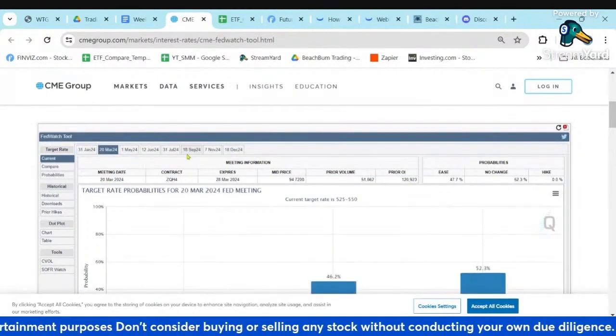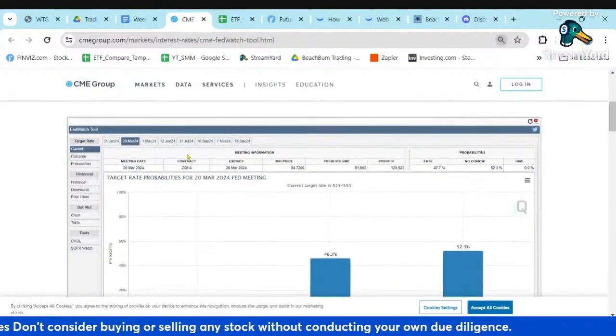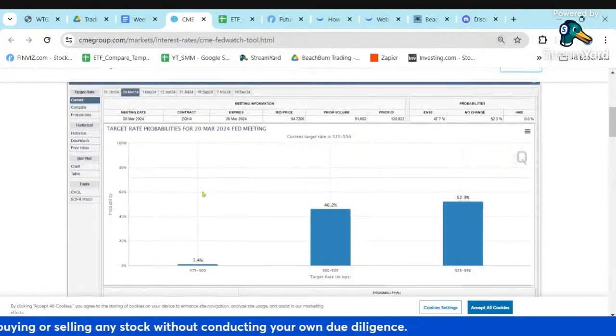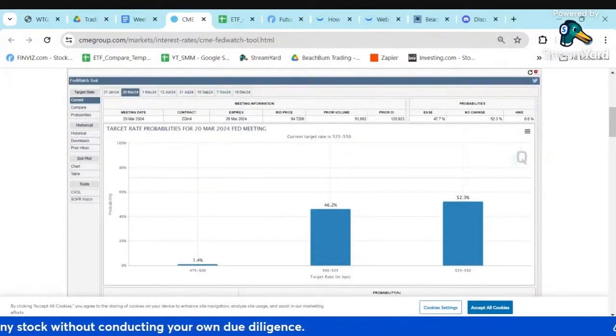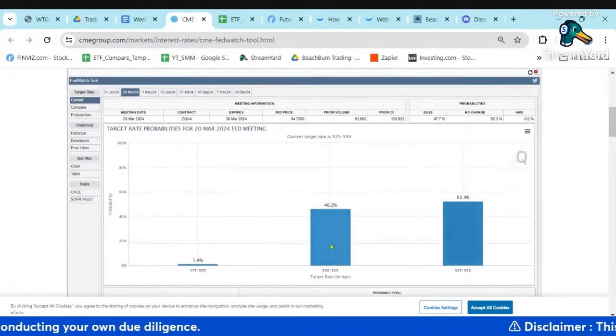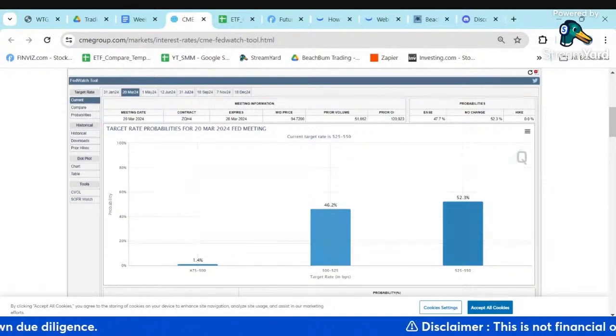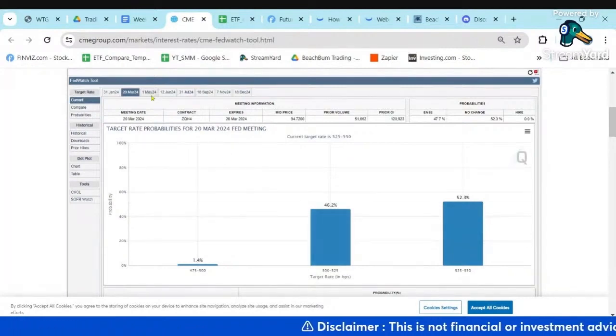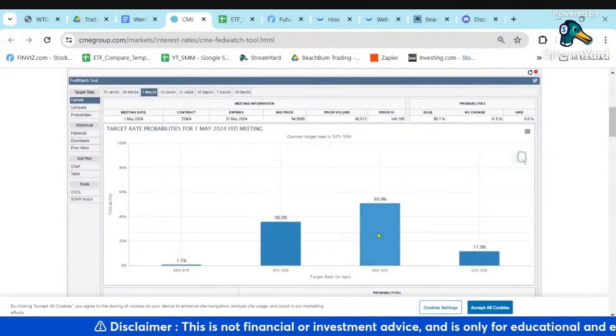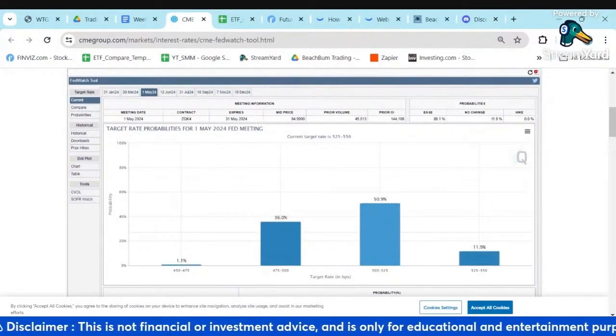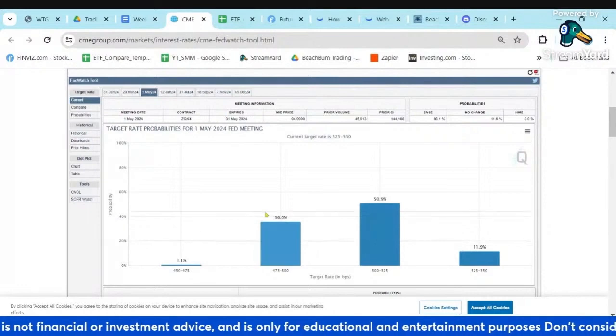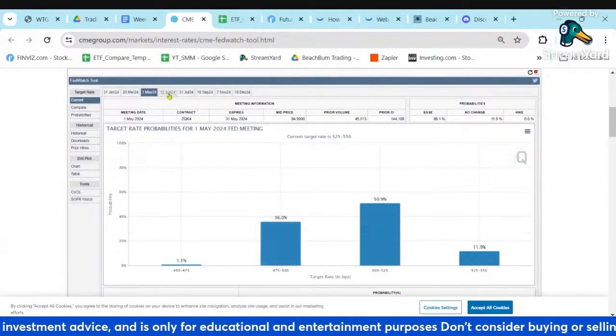Go up to March. I guess I'll have to zoom this out a little bit. Hopefully it's still legible. So again, 46% chance of one cut. Go out to May. Now we've got 50% chance of one cut, 6% chance of two.